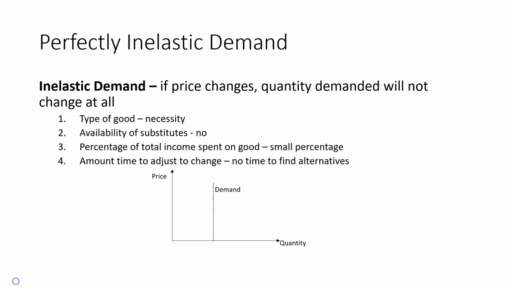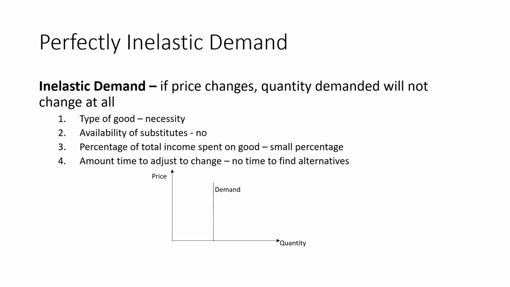Now, the other extreme for our elasticity of demand is perfectly inelastic demand. Inelastic demand occurs when, if price changes, quantity demanded does not change at all. A necessity item would be something like that. I usually think of medication.